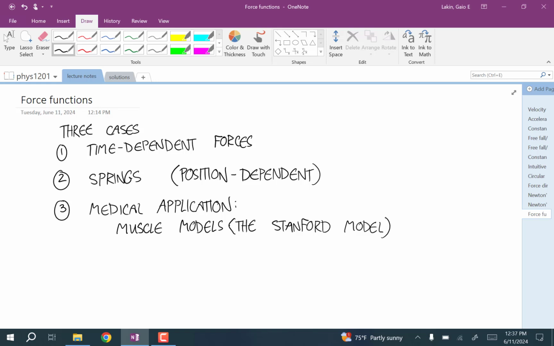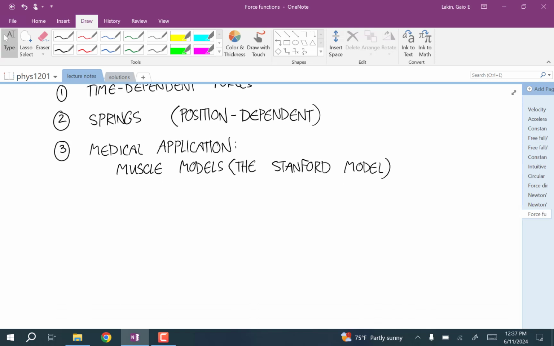Okay, so those are the things I'm going to talk about here. So first, I'm going to talk about dealing with forces when they're given as functions of time.